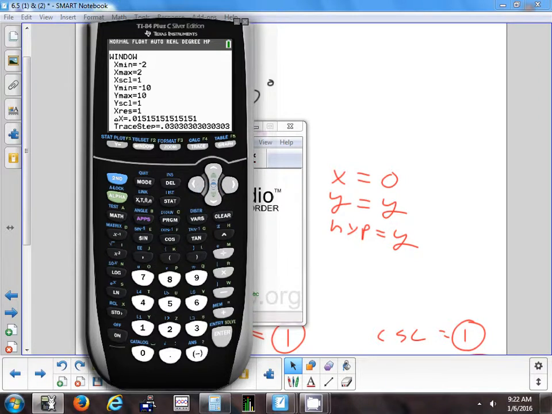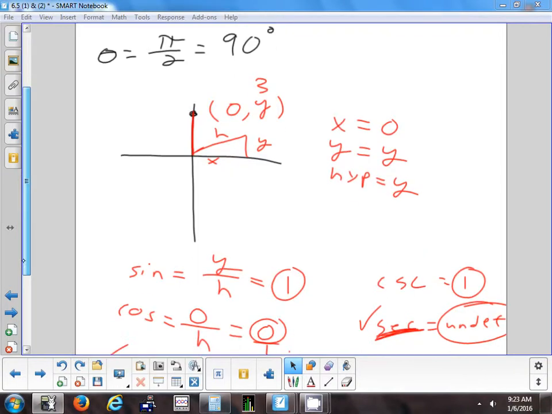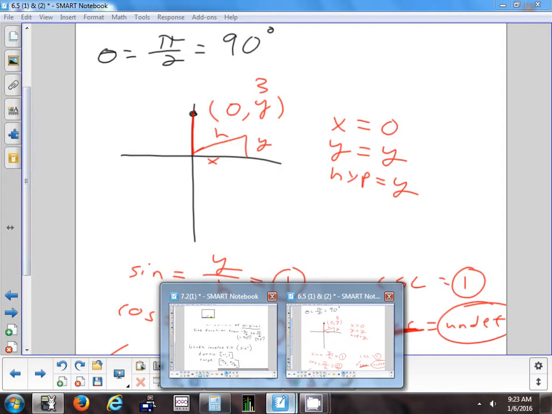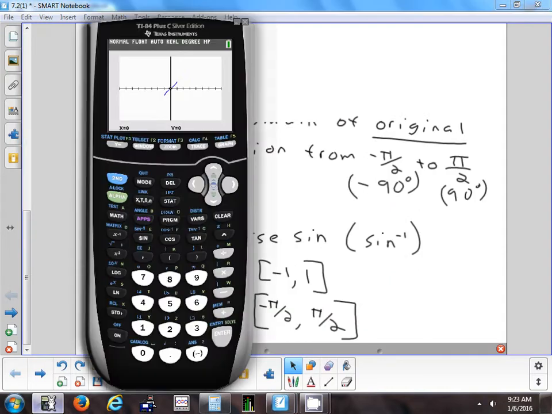Let's just do that. And slowly, that's a graph of inverse sine. And that's it. If you were to zoom out, you're not going to see anything more. That entire section is inverse sine, because we're limiting it to what we just said. It's always going to be between negative 1 and 1, left to right, and between negative 90 and positive 90, up and down.